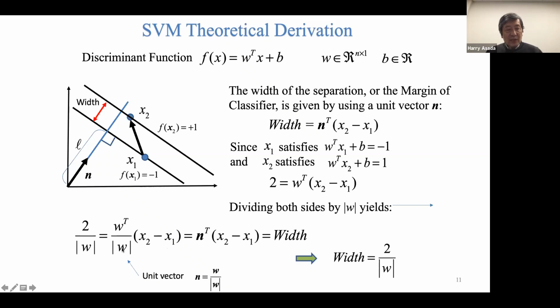What we did was create the unit vector, which is perpendicular to the boundary lines here, right? So what this means is the width between these two boundaries, right? So the width can be represented as 2 over the absolute value of W.